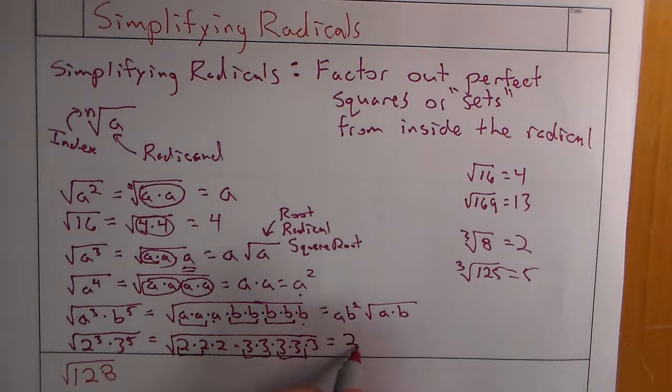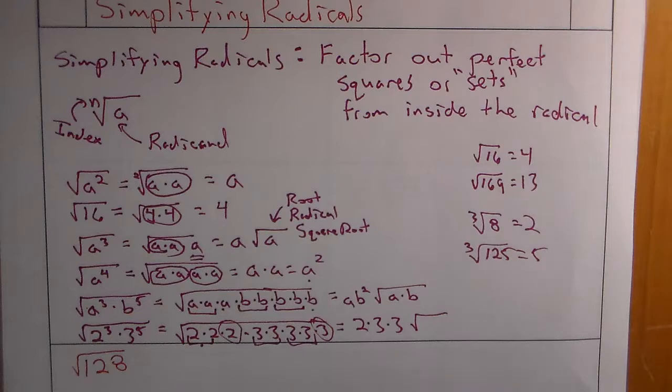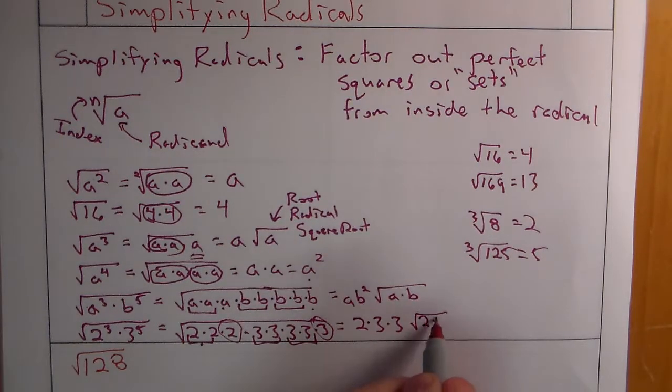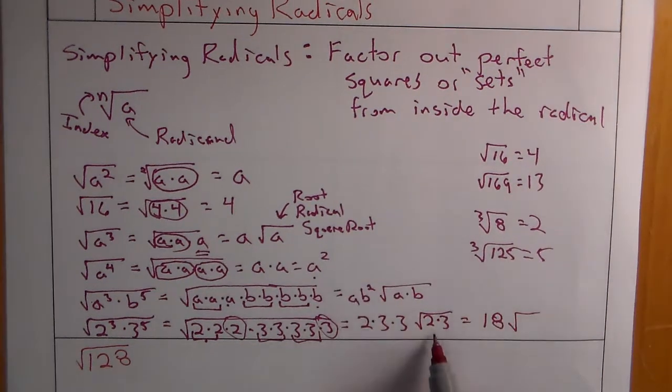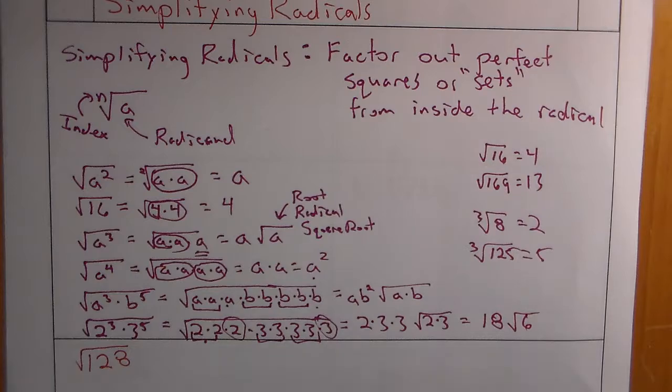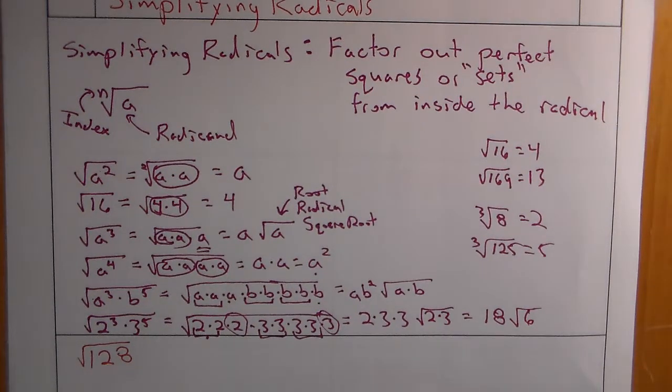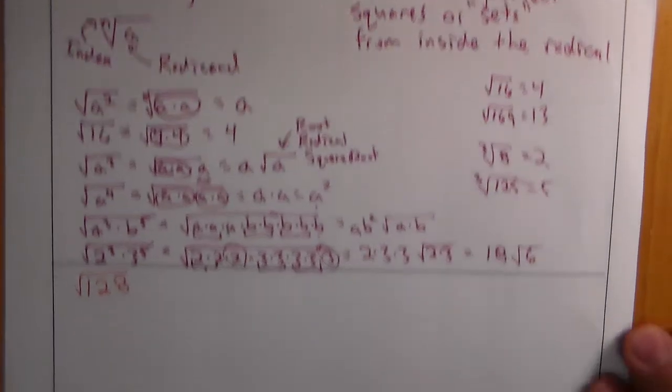So on the outside we have a 2, a 3, and a 3. Inside, this 2 and this 3 did not have a buddy, it didn't have a friend, it stays inside. So now we put it back together. 2 times 3 times 3 is 18. And on the inside you have 6, and we'd read that as 18 root 6. So that's our goal with simplifying radicals.